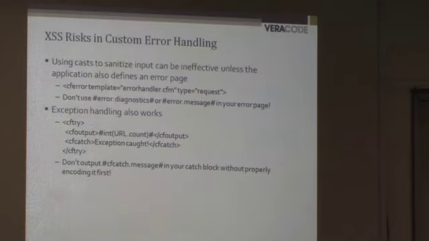Same for if you use the exception handling try-catch mechanism, and you catch the exception, but then you print out the reason for the exception, which is stored in cfcatch.message, that will create cross-site scripting. So these are all things to watch out for that are not very well documented that could create additional risk with respect to cross-site scripting.